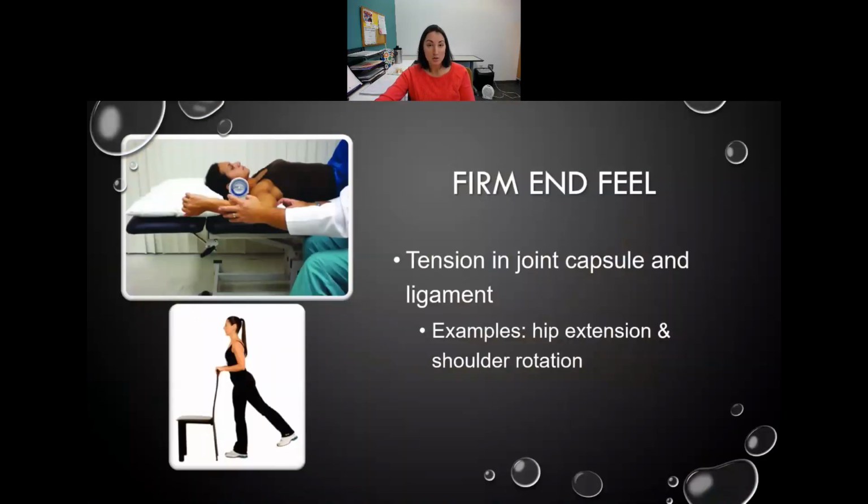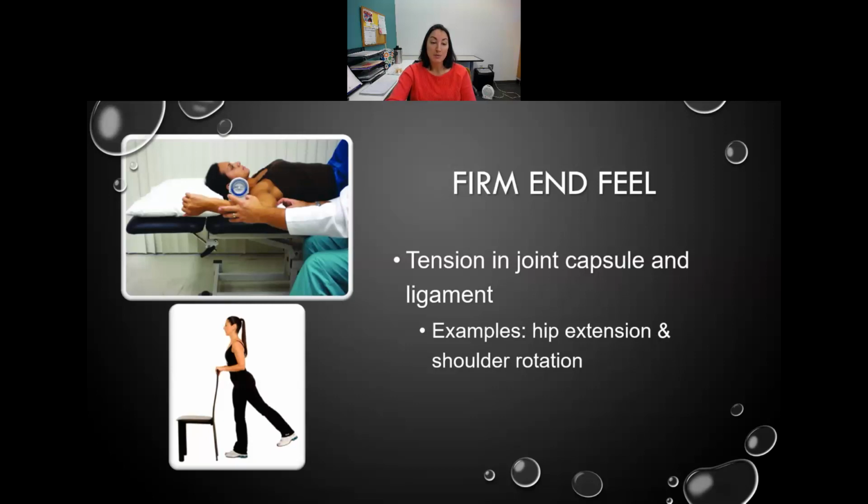A firm infill, that is when tension in the joint capsule and ligament are limiting the movement. Okay, so an example would be hip extension or shoulder internal or external rotation. And when you feel a firm infill, that is when we know that joint mobilizations are most indicated.